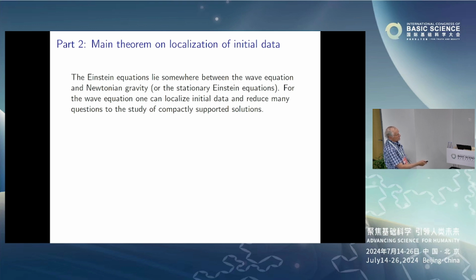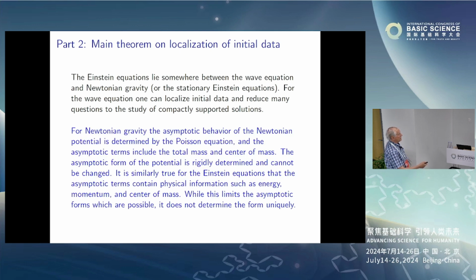Okay, in the case of the wave equation, of course, if we take data in some Sobolev space or something, we can approximate it by compactly supported data. So for many purposes for the wave equation, for various estimates or whatever, it's sufficient to consider data which is compactly supported. The compactly supported data are a dense subset of the allowable data in that case.